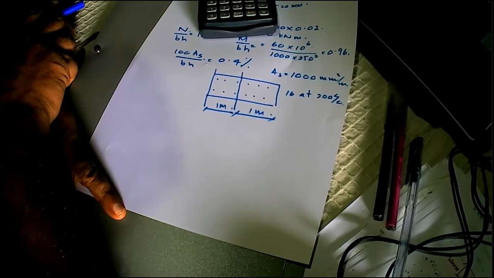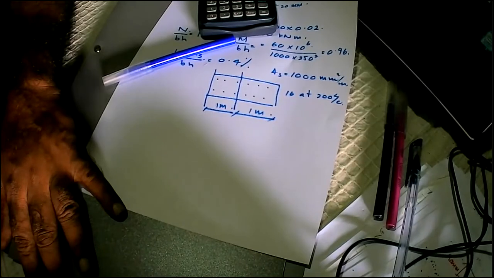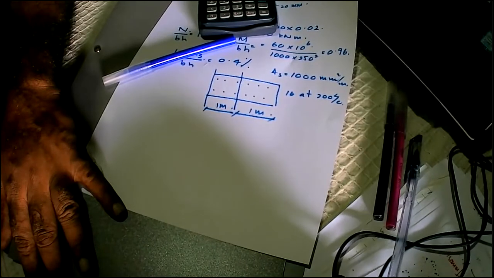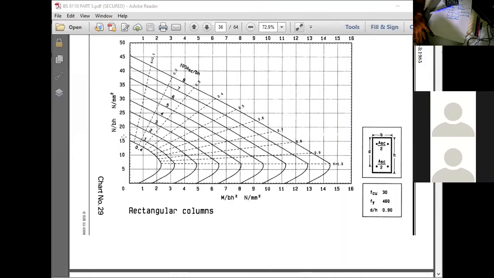Because the column interaction chart has two regions. So if you are somewhere here, then your design is governed by the compression. That means the whole section is in compression. But if you are somewhere here, then the section can be in tension as well.